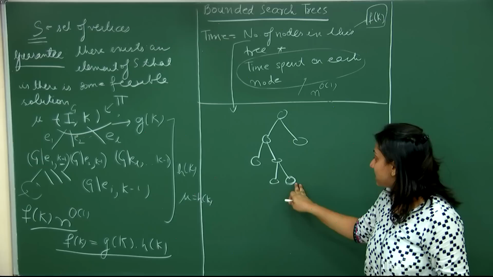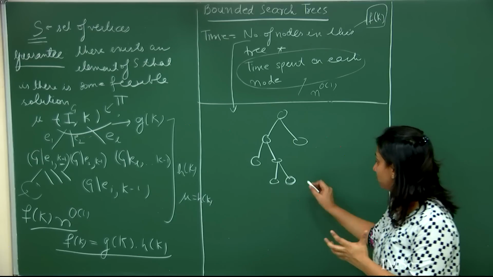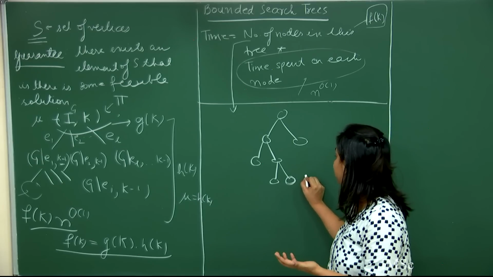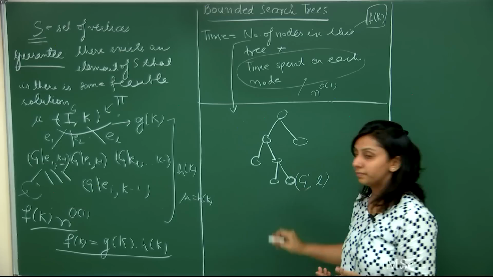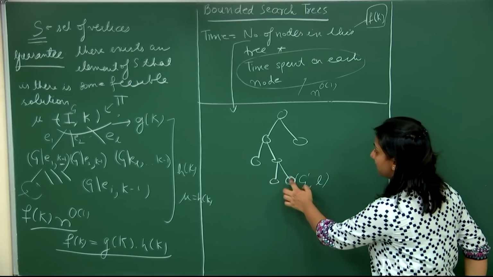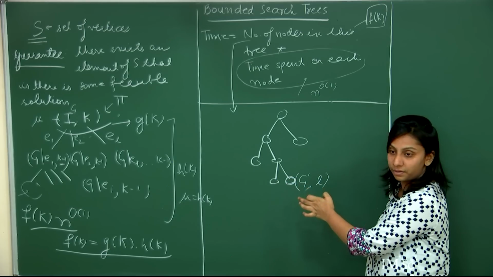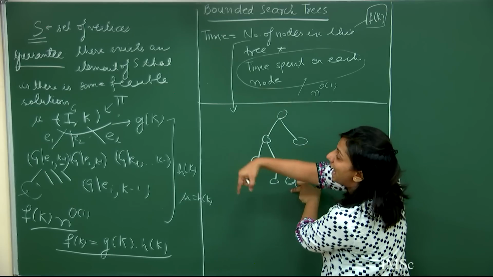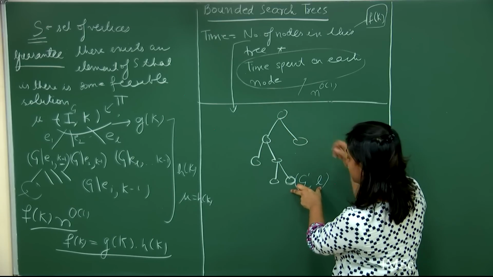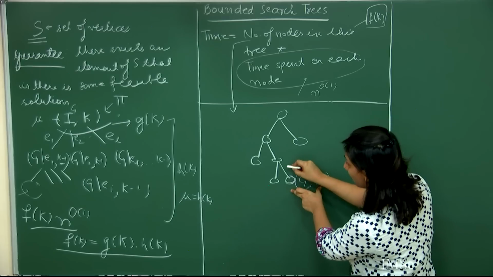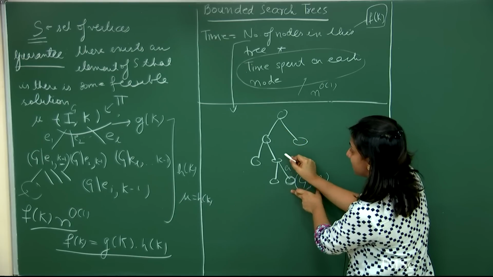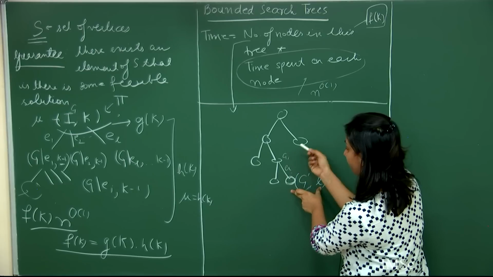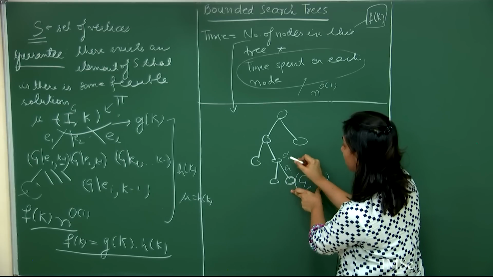This leaf is some graph G prime comma some parameter L. If this was a yes instance, that means there is a solution of size L in this graph. And the way I would have come to this instance is by branching on some element which is one of the vertices in this graph G that I have here. So this is G, and this was L plus 1.